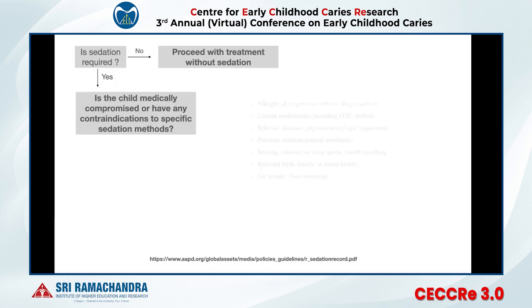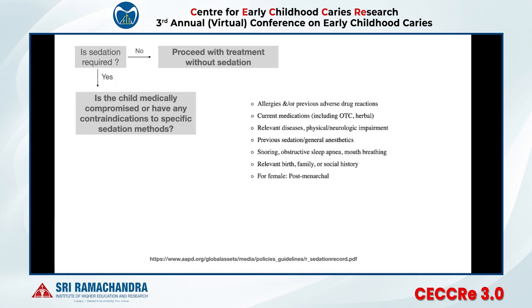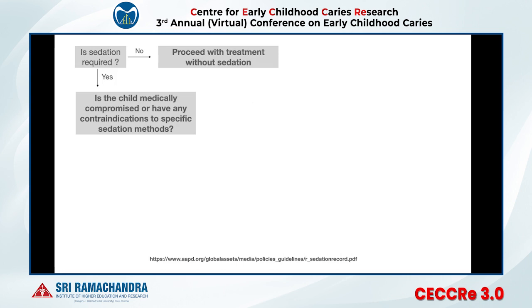The next criterion includes taking a general medical history, for the presence of allergies, medications, any other diseases that may influence the delivery of sedation in an outpatient setting, and the presence of sleep disordered breathing or associated symptoms, relevant to birth, family, or social history.